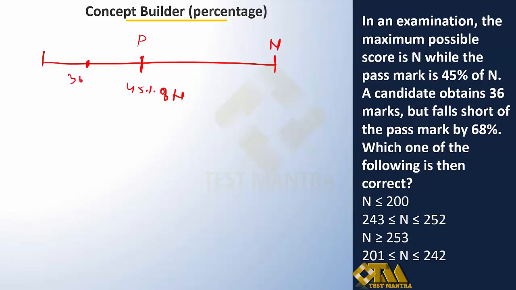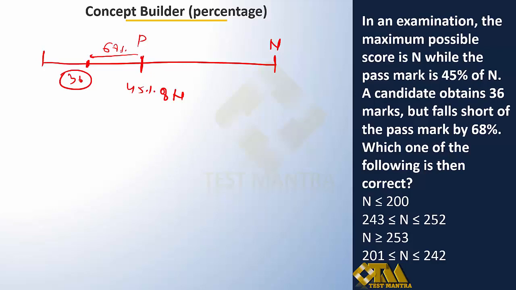The mark is 36 here, but falls short of the pass mark by 68%. So of the pass mark, that means this one is nothing but 68%.